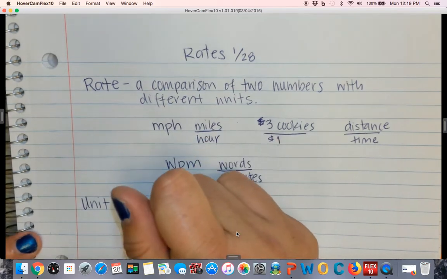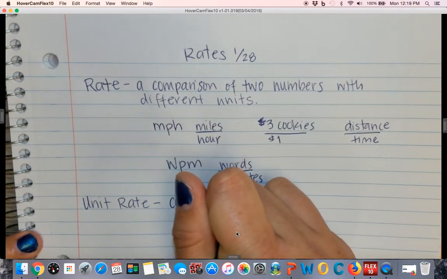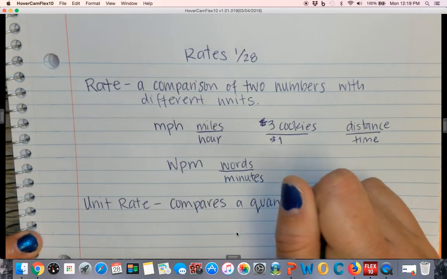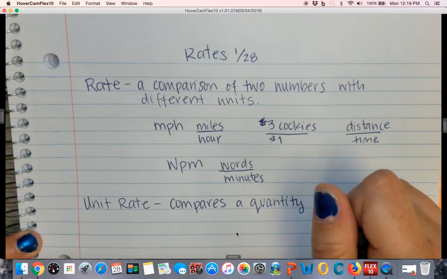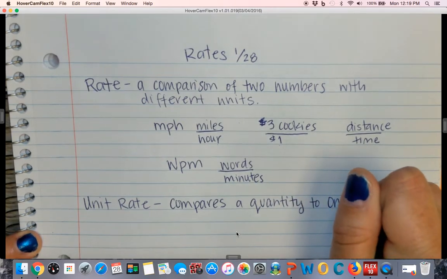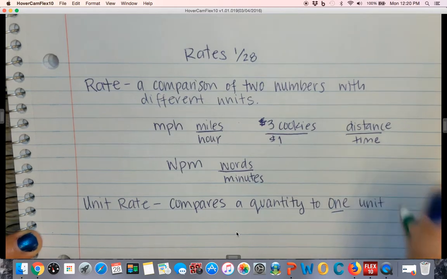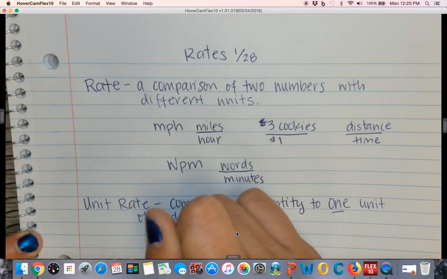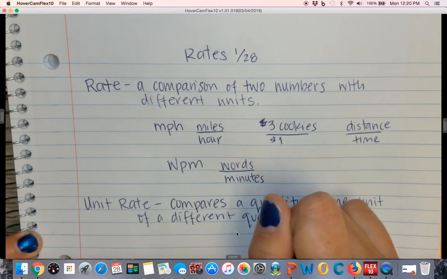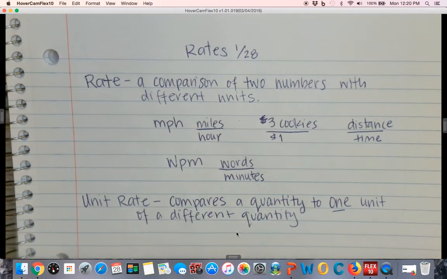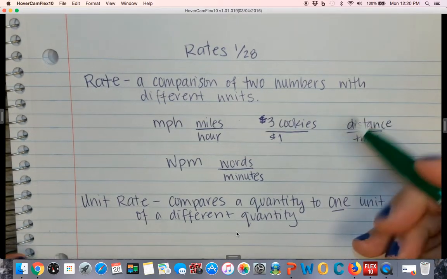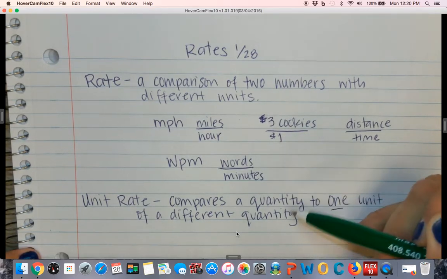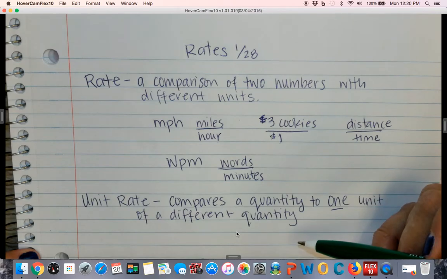So it compares, I'll give you a real definition, a quantity to one unit of a different quantity. And basically what that means is one is on the bottom. So this would be an example of a unit rate because one is on the bottom. 3 cookies, $1.